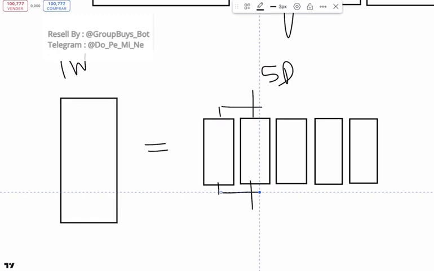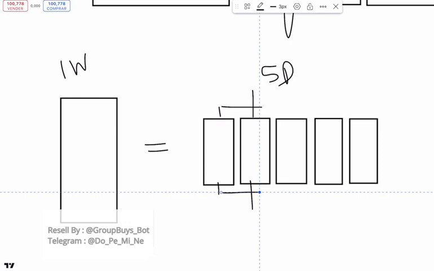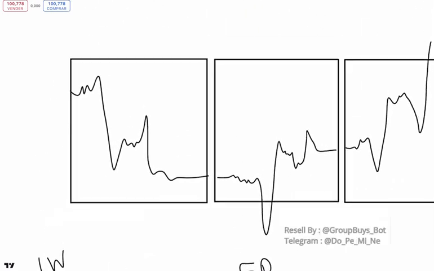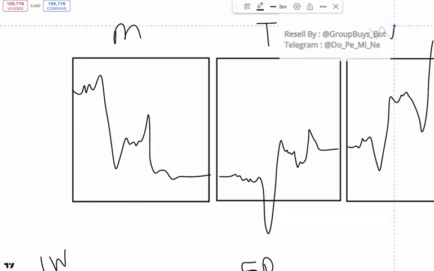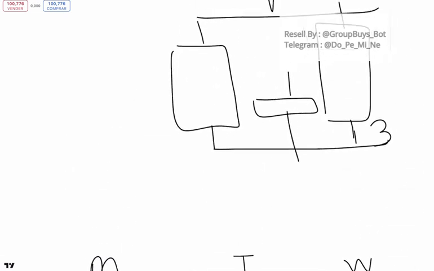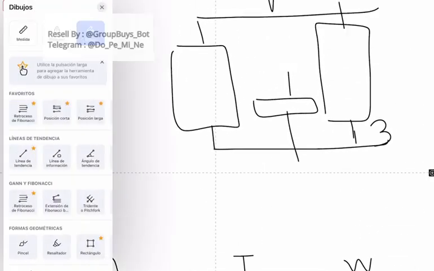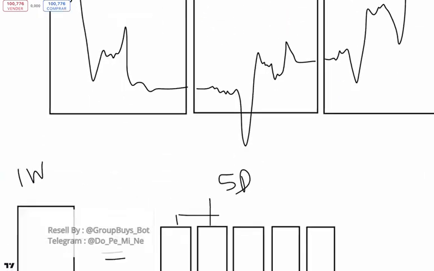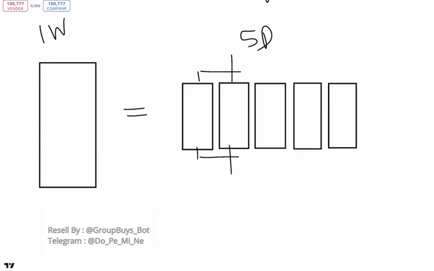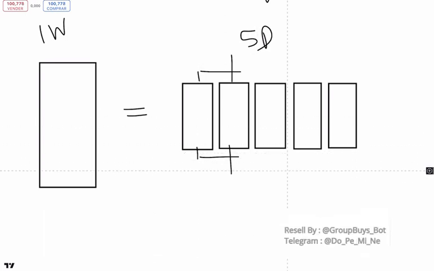It could be Monday, Tuesday, Wednesday. Usually, the best one is the Monday model, right? You have Monday, Tuesday, Wednesday, and that's CRT for you. So you're looking to trade only 2 of the weekly candles.